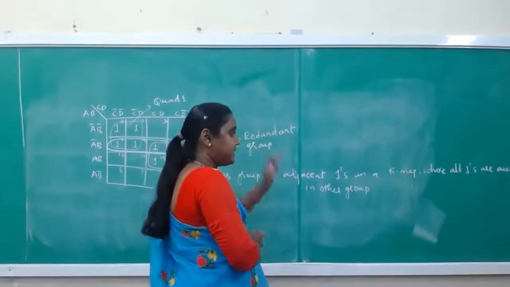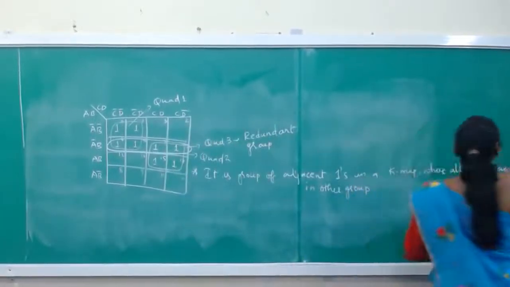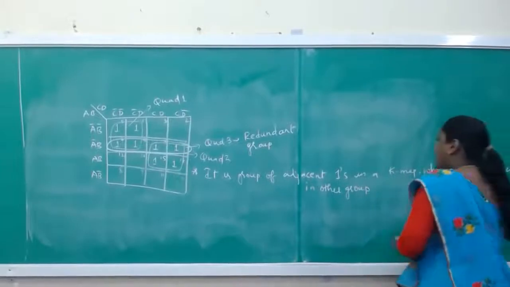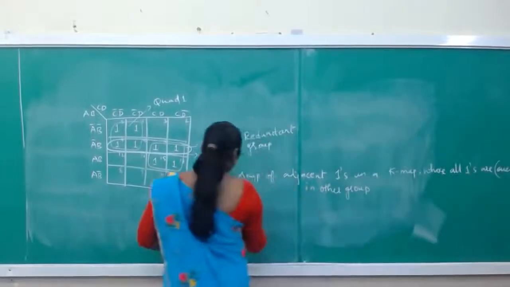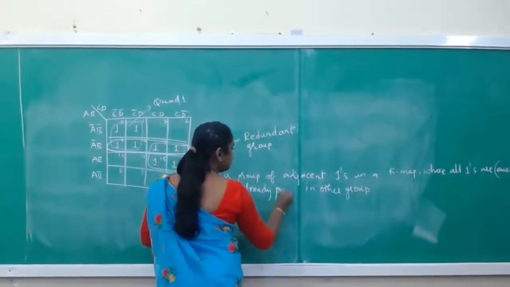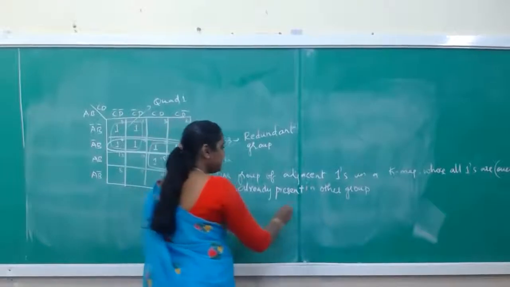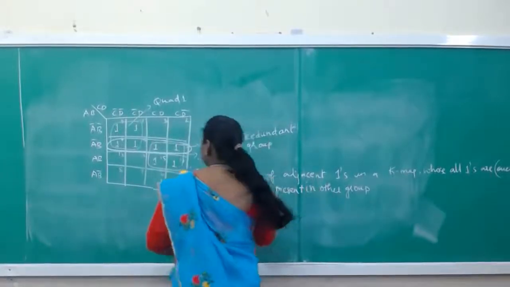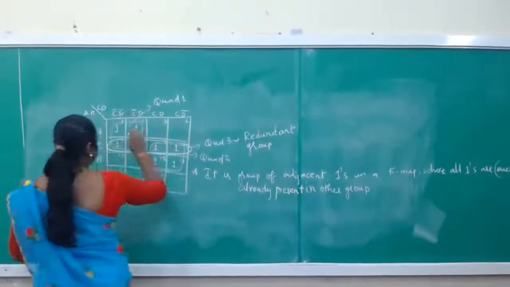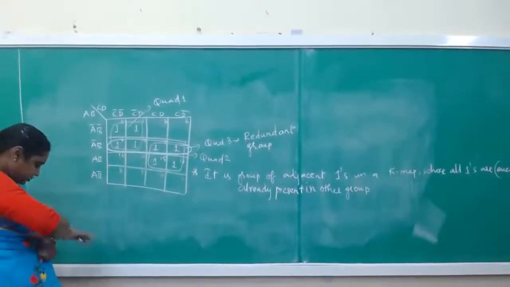All ones are overlapped, otherwise already present in another group. Right? So these ones are already part of another group. Such a group is called a redundant group. Okay.